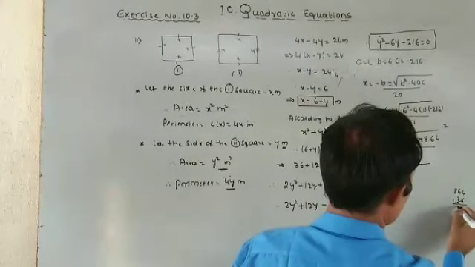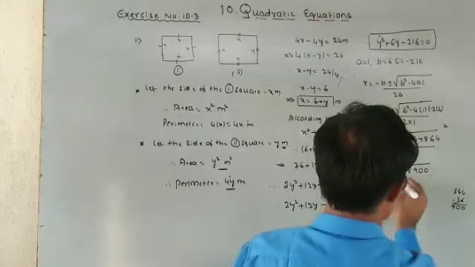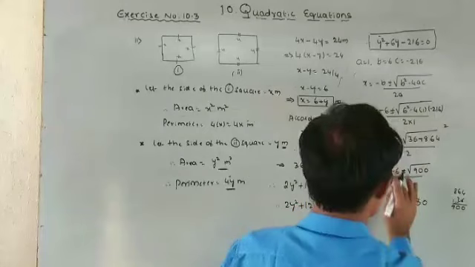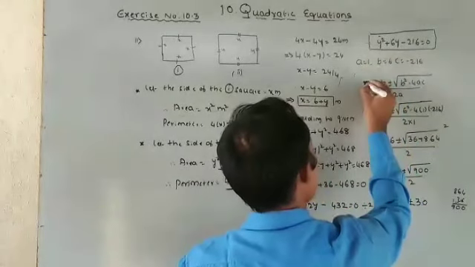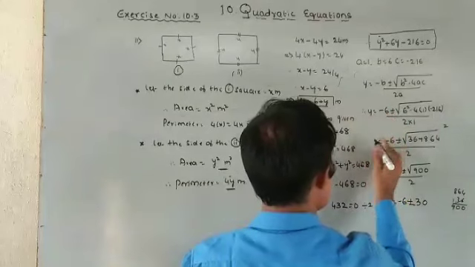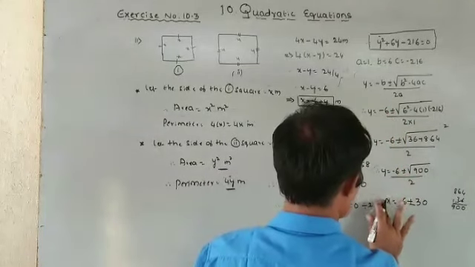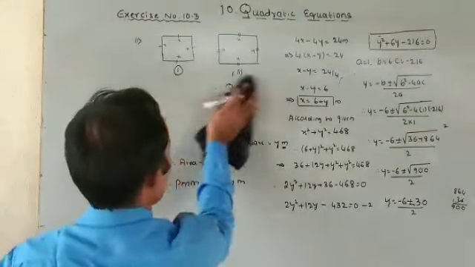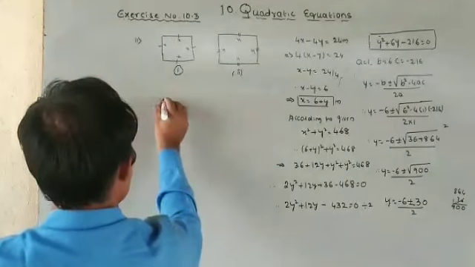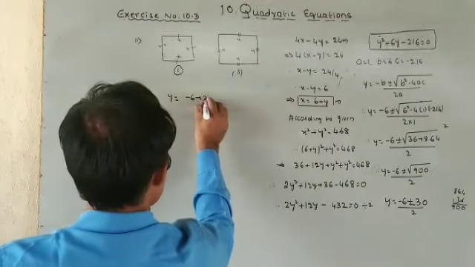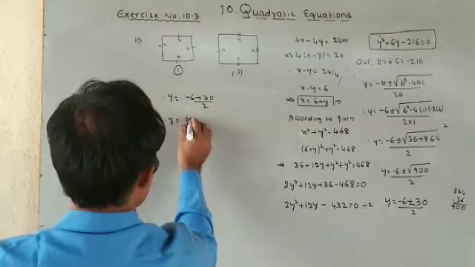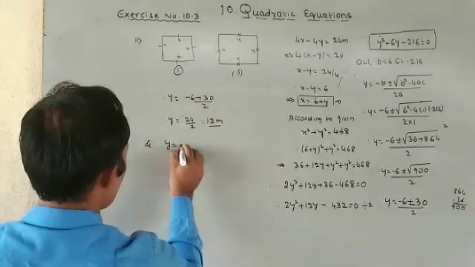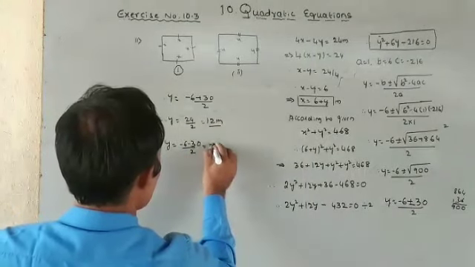Next, if the average speed of the express train is 11 km more than that of the passenger train, therefore the average speed of the express train, as compared to this, 11 kilometers more than x, is x plus 11 kilometer per hour. What about the distance? What is the distance given?